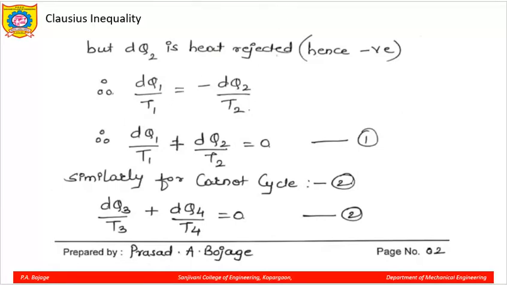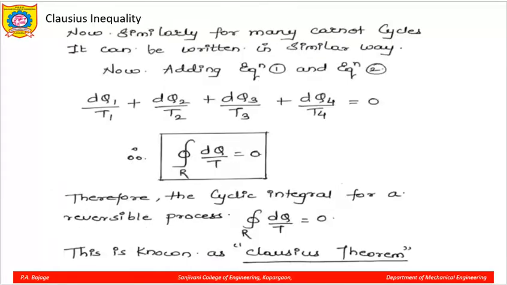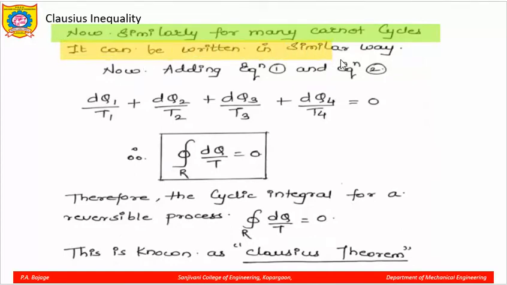It is not difficult at all. Now, as we have n number of cycles, or many Carnot cycles here, you can add them by adding equations 1 and 2.